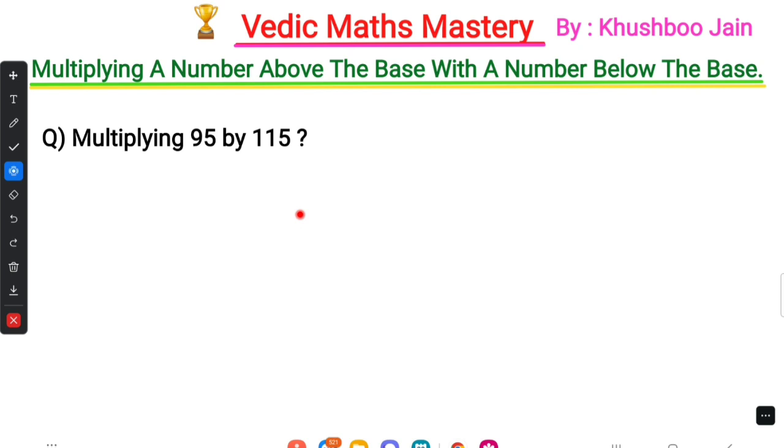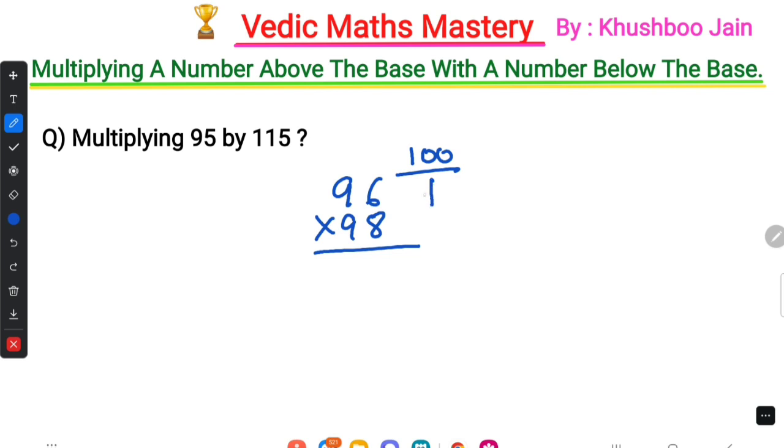Like if I give you the example 96 into 98, as we learned in the last videos, both the numbers are below the base. The base here is 100.